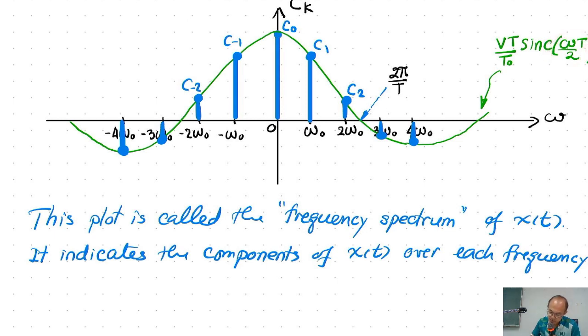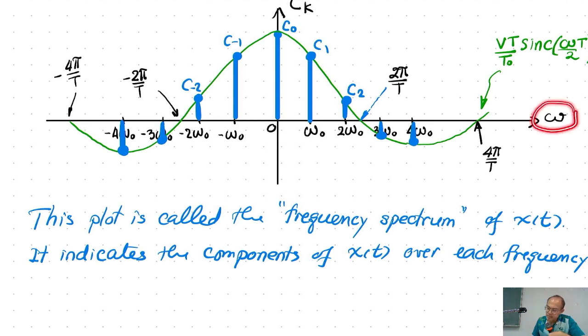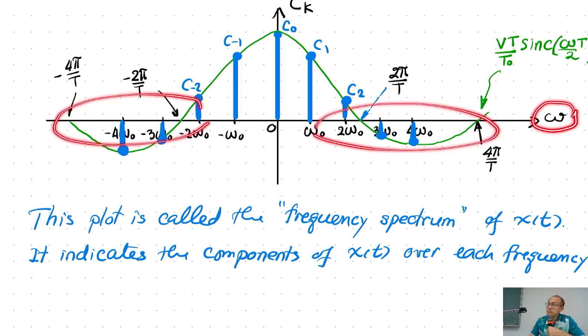And here, the zero crossing happens at minus 2 pi over T. And here is at 4 pi over T. And here is at minus 4 pi over T, and so on. Now, if you notice here, we are plotting omega at negative values as well as positive values.